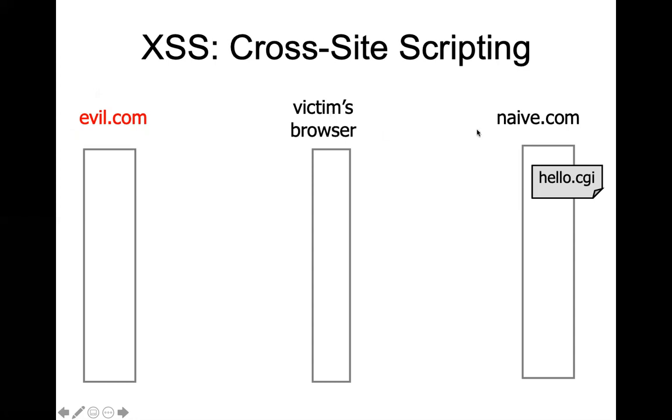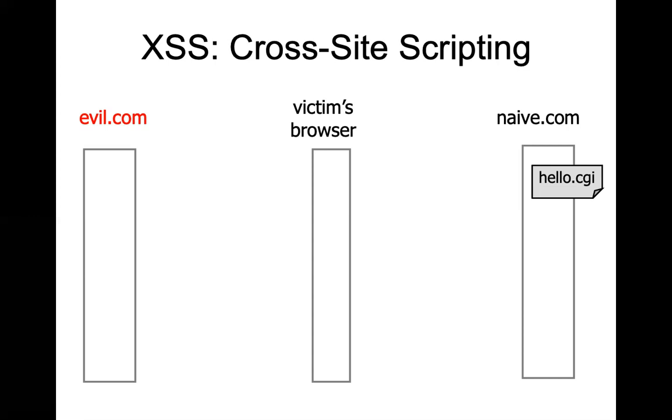The user's cookies with naive.com are going to be tagged with naive.com, the corresponding protocol as well as the port. And as you can see over here, even the server name does not match. Therefore, any content that is sent from evil.com will automatically be disallowed by the victim's browser from accessing the victim's cookies with naive.com. So it's not a straightforward thing for evil.com to steal the victim's cookies with naive.com.